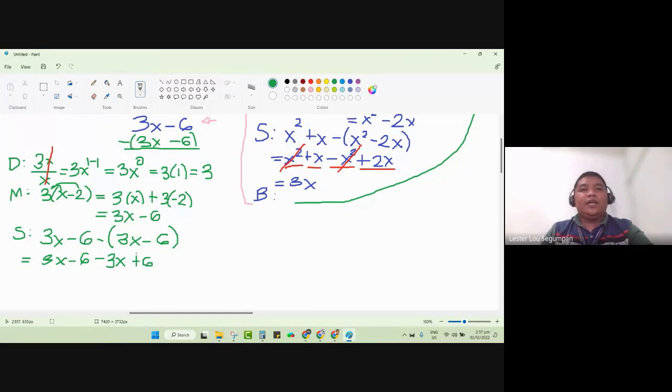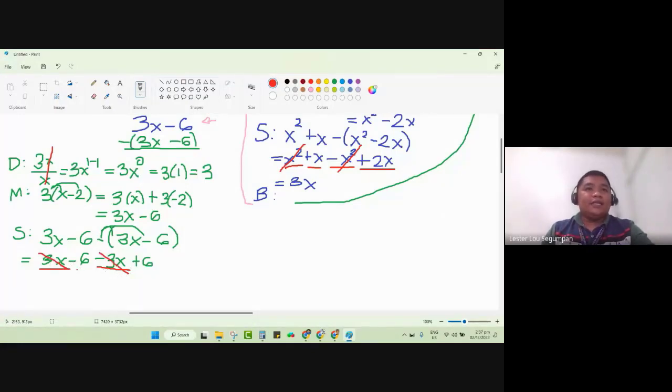It uses the concept of distribution of sign under multiplication. So negative times positive is negative, negative times negative is positive. And here we need to finish this, combine this. But again, we need to be reminded that when we subtract, the concern here is the likeness of terms, no need to manipulate exponents. 3x minus 3x becomes 0.